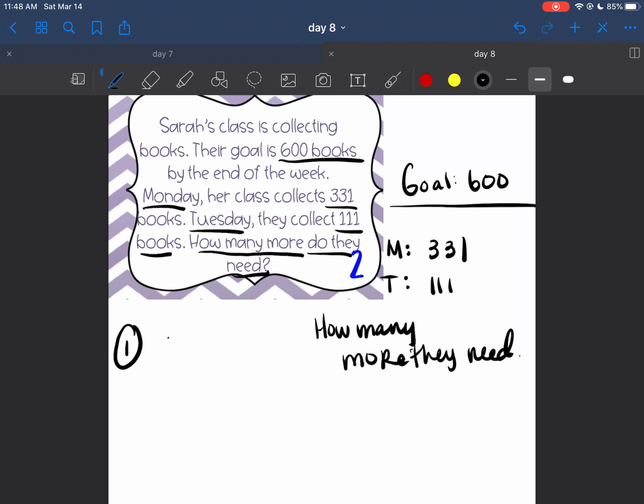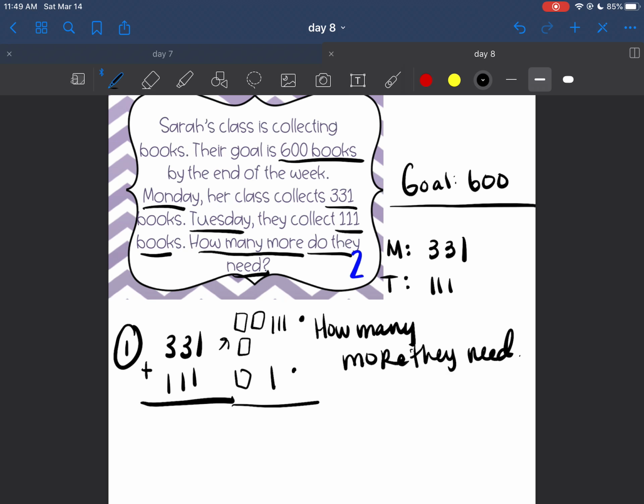Well, we know that on Monday they've collected 331, and on Tuesday they collected 111. So we want to know how many books they've collected total. What operation do we need to use to put these two amounts together? We're going to add Monday's books and Tuesday's books. 331, I'm going to use base tens, 3 hundreds, 3 tens, and 1 one, plus 1 hundred, 1 ten, and 1 one.